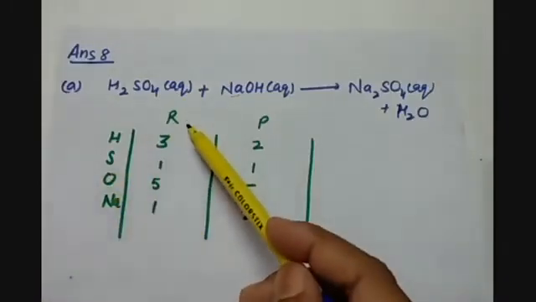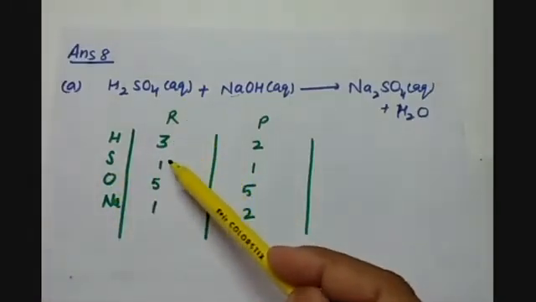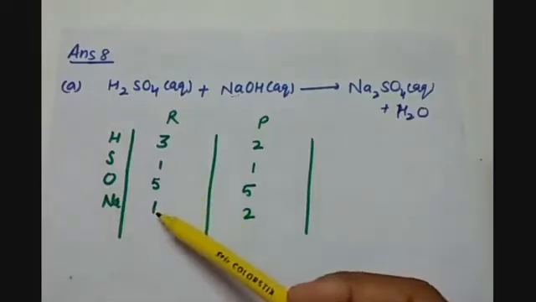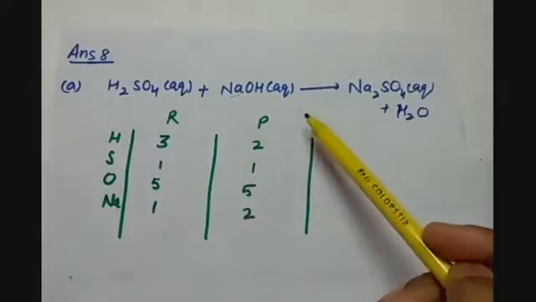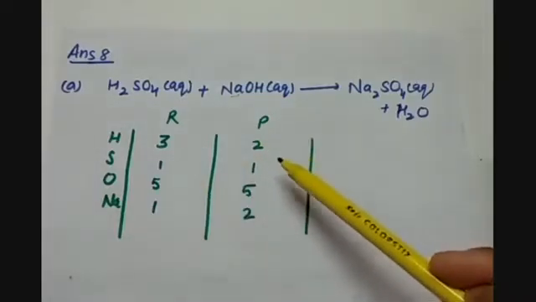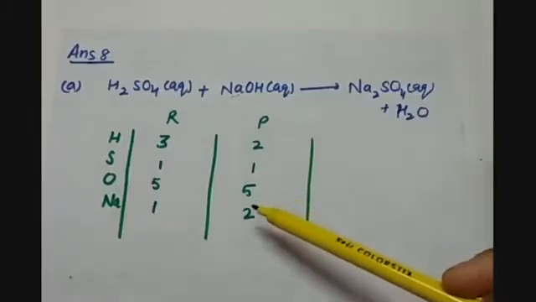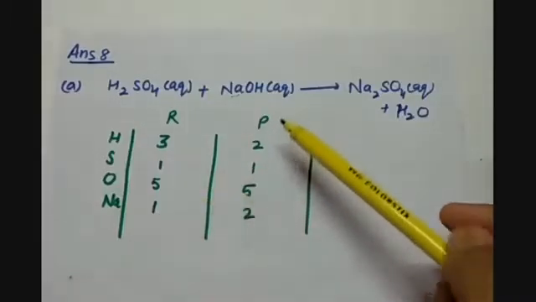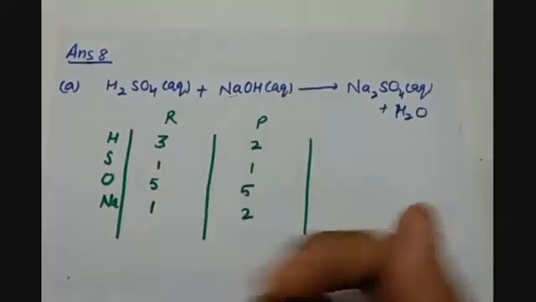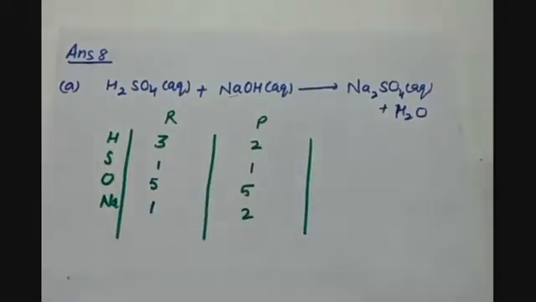On the reactant side we have 3 hydrogen, 1 sulfur, 5 oxygen and 1 sodium. On the product side we have 2 hydrogen, 1 sulfur, 5 oxygen and 2 sodium. So we only have to balance the hydrogen and sodium. Let us begin with the sodium first.